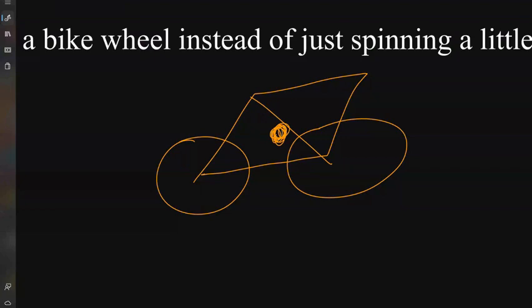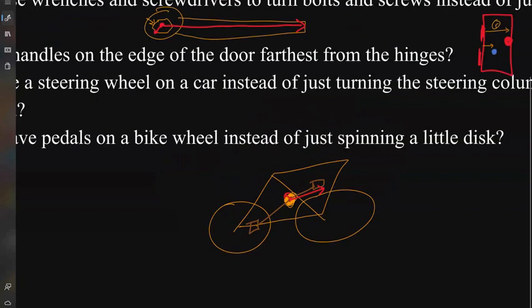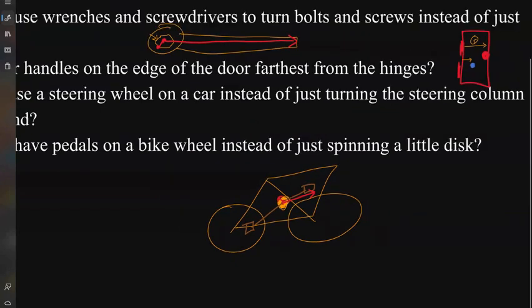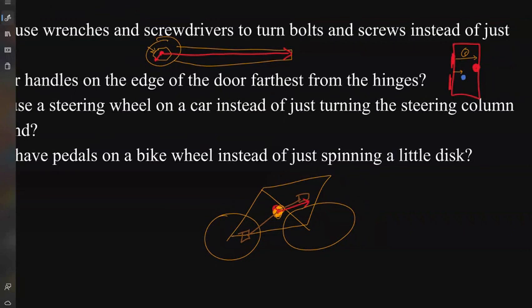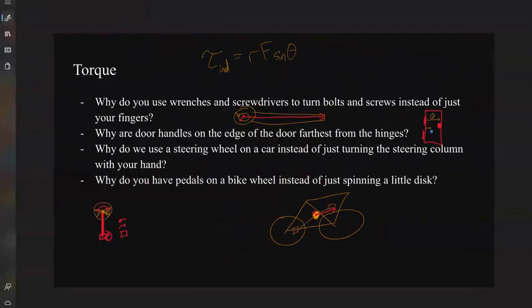Let's say that's our little disc right there, but we have pedals that extend outward from there, because all of a sudden our radius isn't just that big, our radius is that big. So with a bigger R, we don't need to exert as big of a force to get the same torque. If radius is bigger, force is smaller.